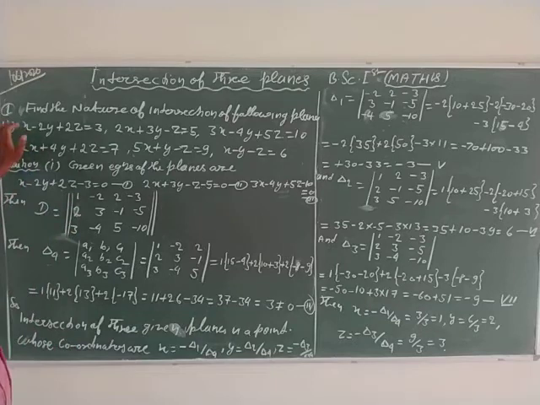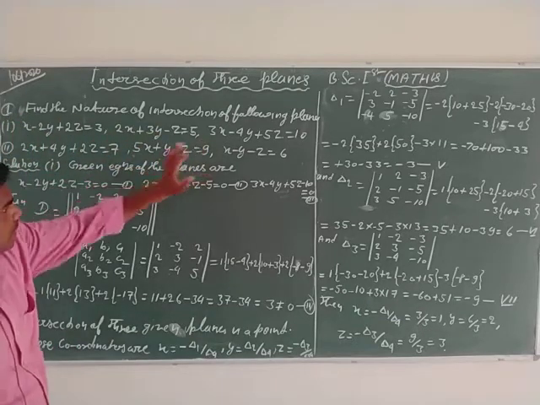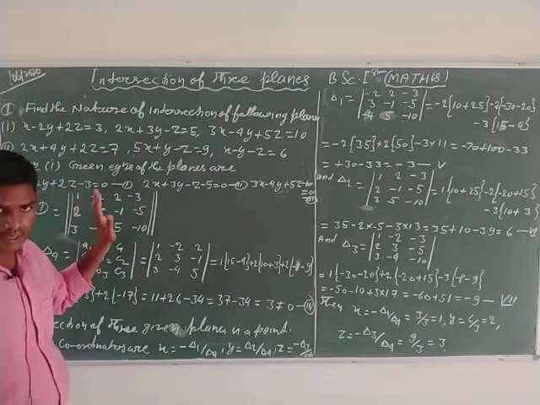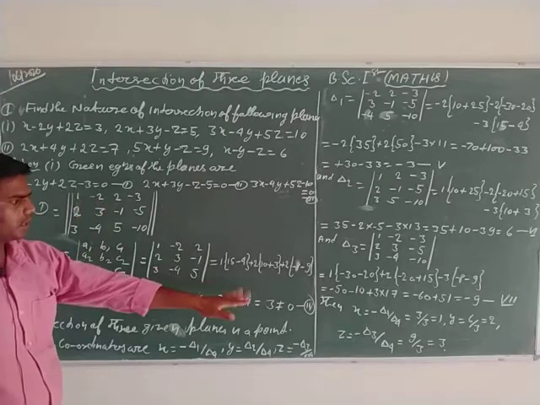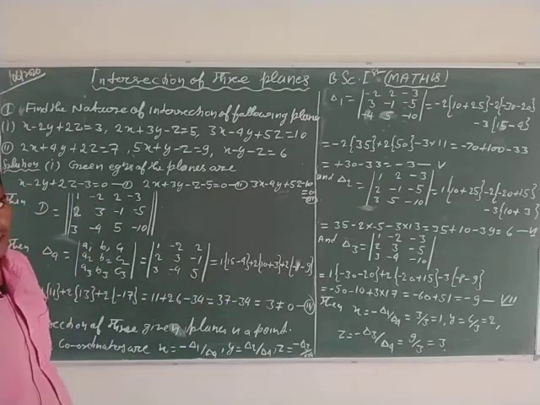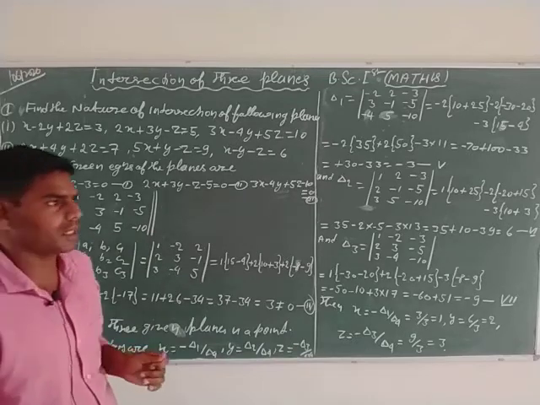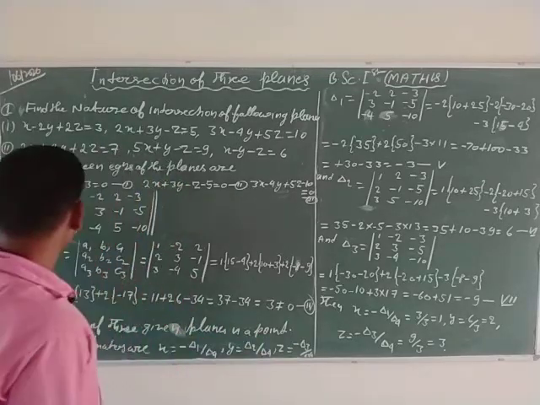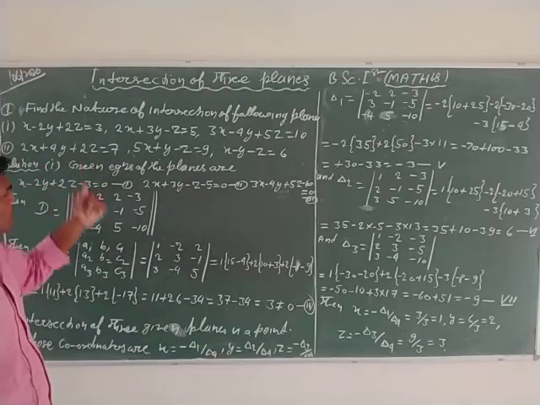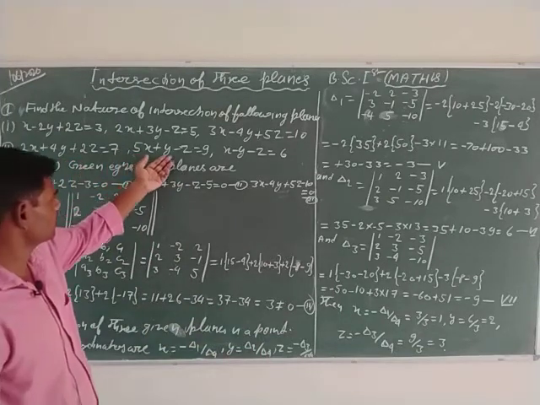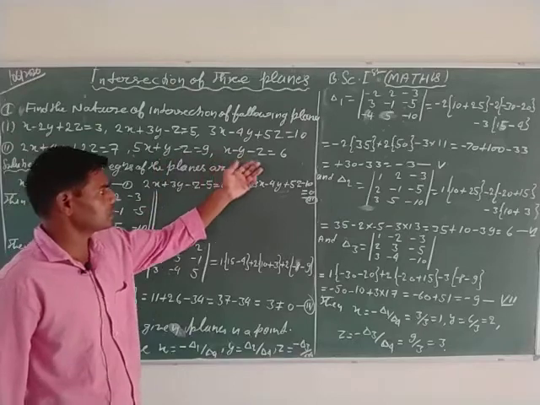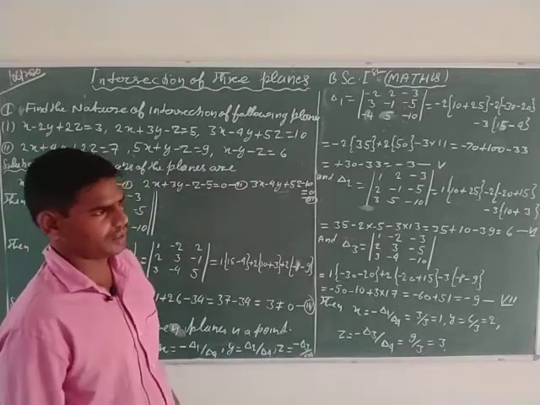So find the nature of intersection. For the first set, it is a point, the intersecting point, whose coordinates are denoted by x, y and z. After this, take the second set of intersecting planes: 2x plus 4y minus 2z is equal to 7, 5x minus y minus z is equal to 9, x minus y minus z is equal to 6.